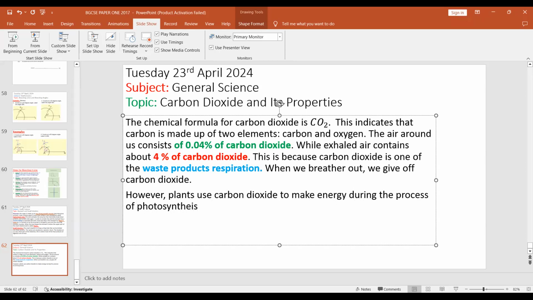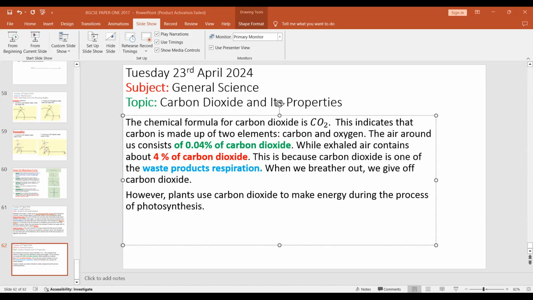So interestingly enough, even though we give off carbon dioxide as a waste product, plants use carbon dioxide, and it's not a waste for them, they need it. Let me go back to the photosynthesis formula or equation.